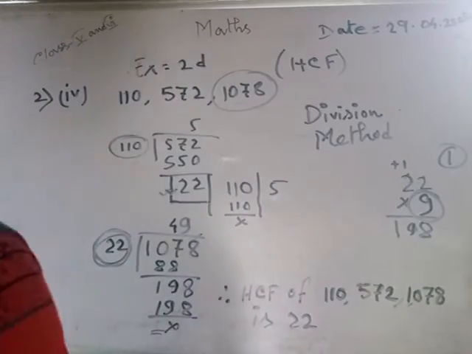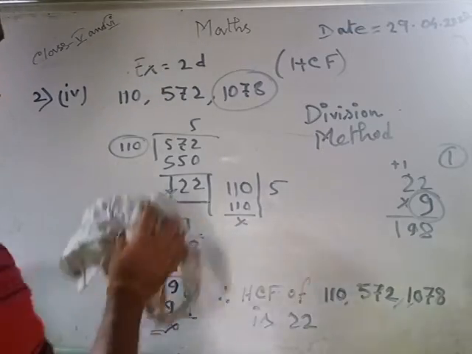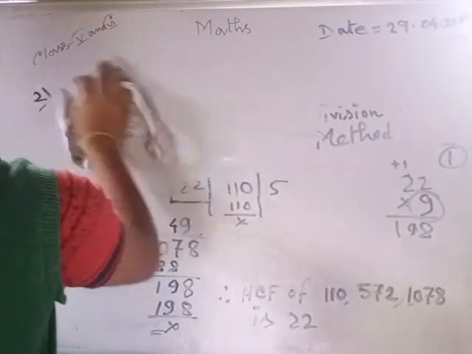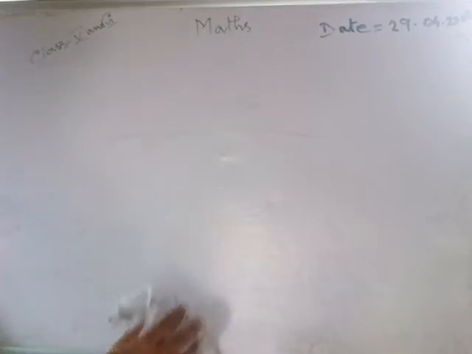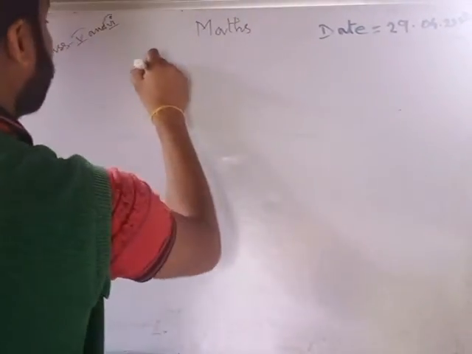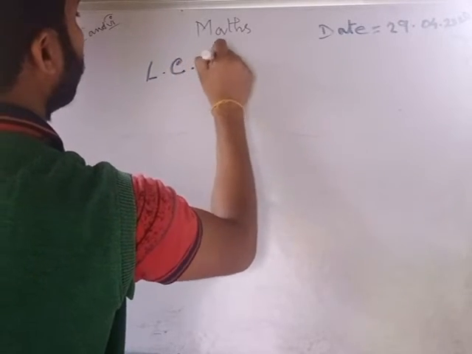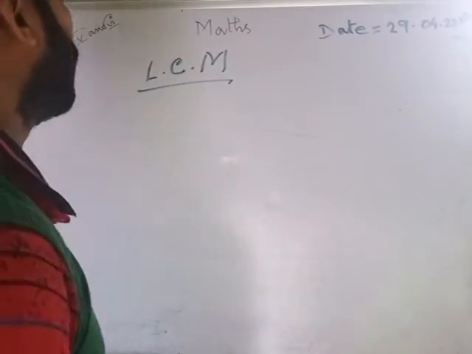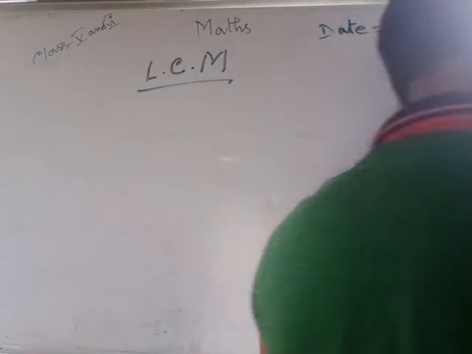After that we should go to the next, which is LCM. LCM means lowest common multiple.